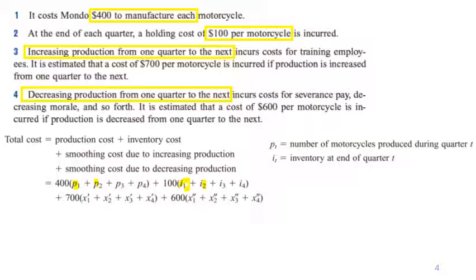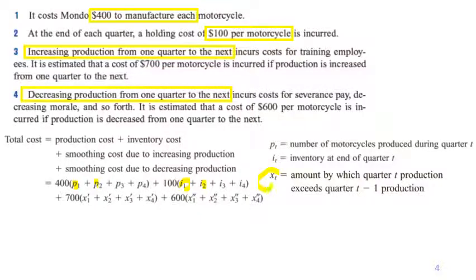And then because you may increase or decrease the production level, you may say that the variable is x_t, the amount by which quarter t production exceeds quarter t minus 1 production. It means that if the value of x_t is positive, you increase your production.